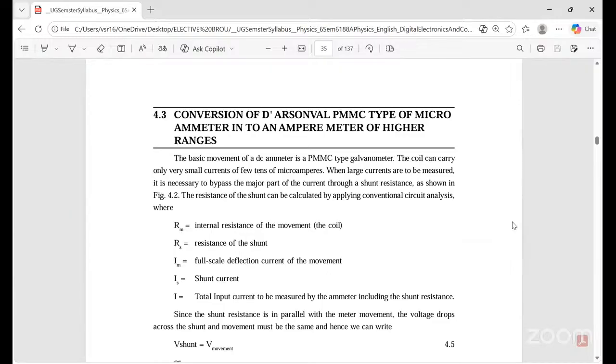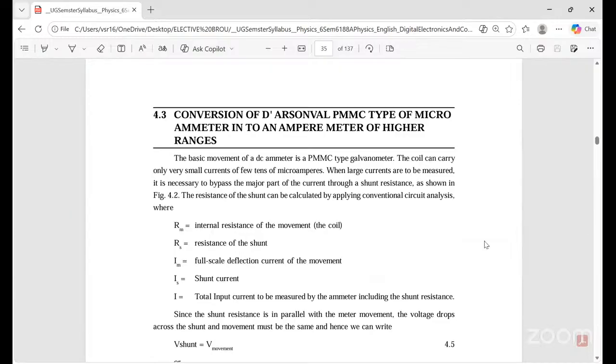The coil can carry only small currents, approximately a few tens of microamperes. Whenever large currents are to be measured, it is necessary to bypass the major part of the current through a shunt resistance.